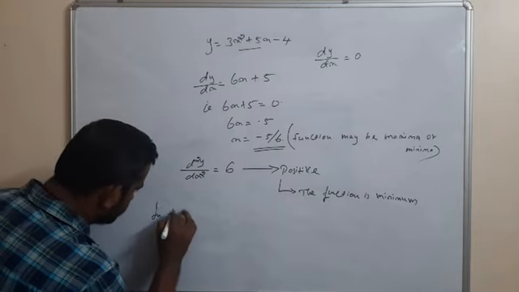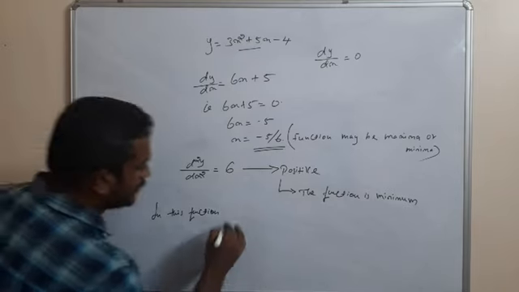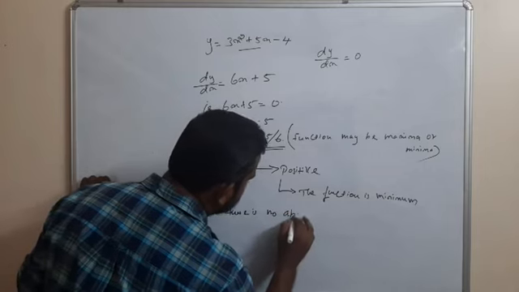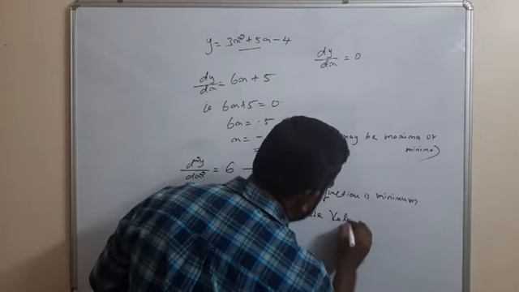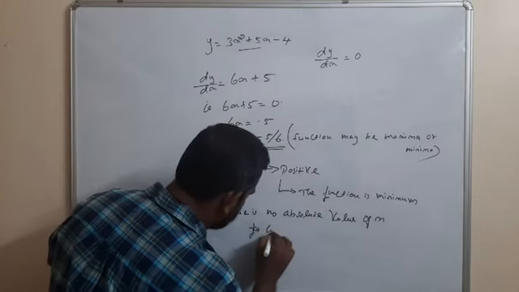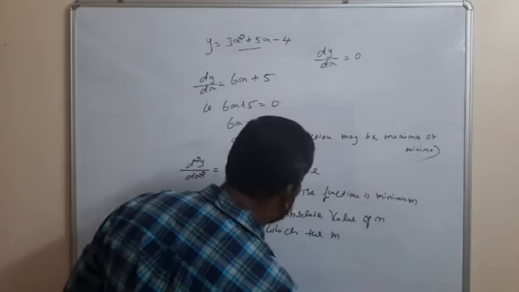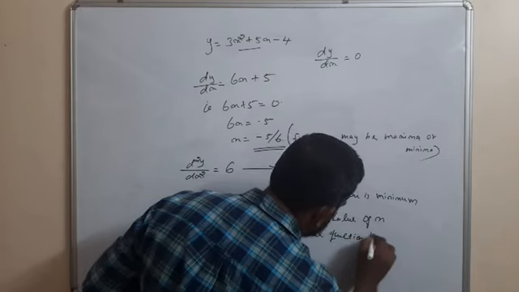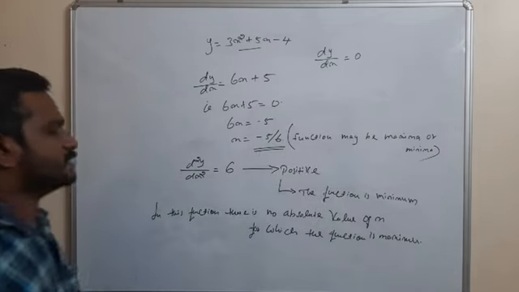So in this function there is no absolute value of x for which the function is maximum.